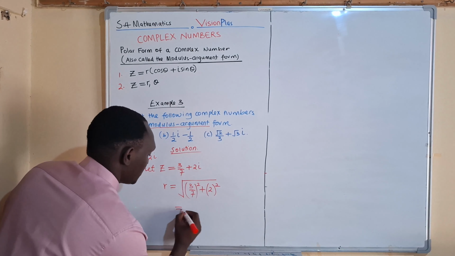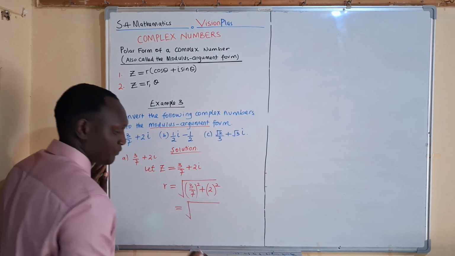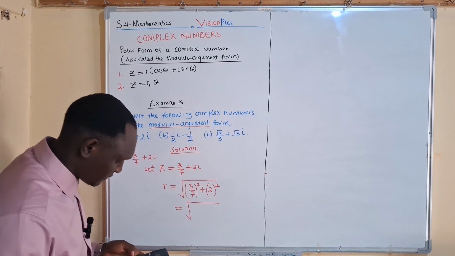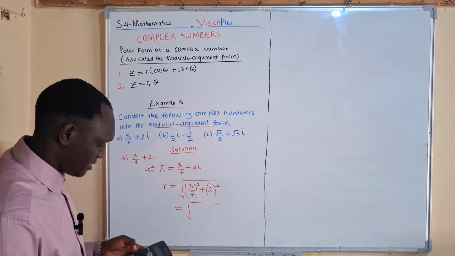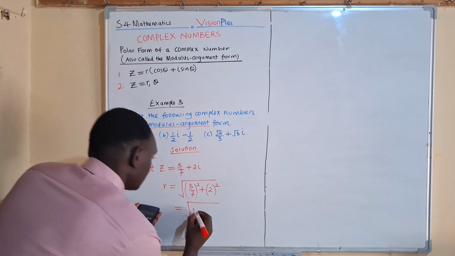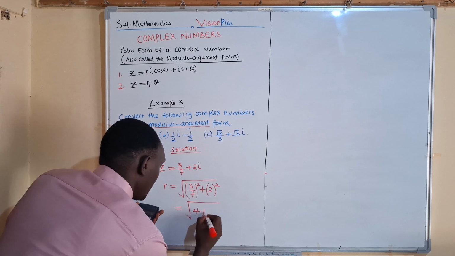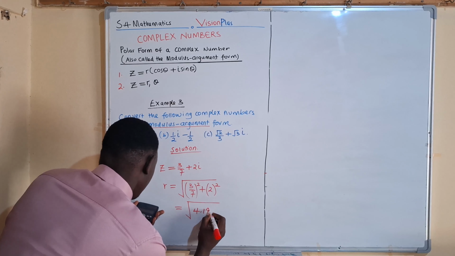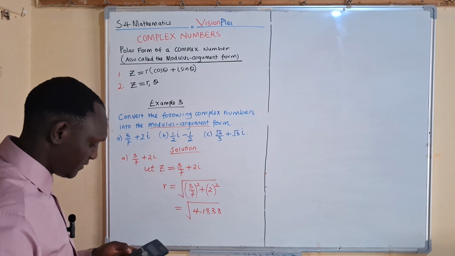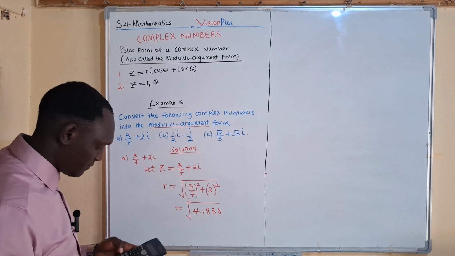And then you press your calculator: 3 divided by 7 squared plus 2 squared. I'm getting 4.1838. Let me press again: 3 divided by 7 squared plus 4.